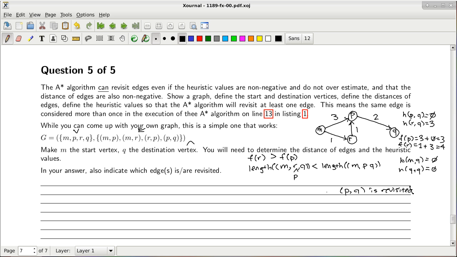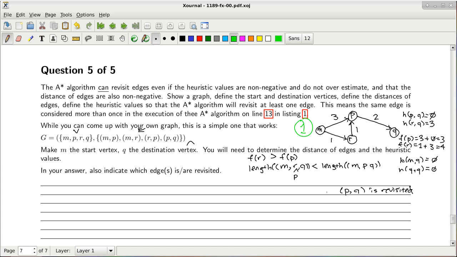And that's it. So the main point, or the steps of getting this done, is first to identify the constraints. First step is to make the graph, so that you can understand that certain edges cannot be revisited, like MP and MR cannot be revisited just because they come from the start vertex itself.